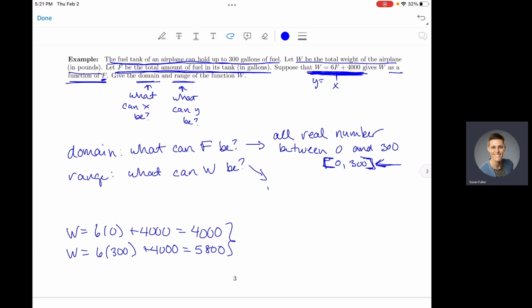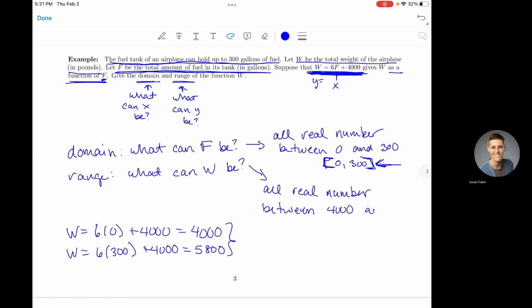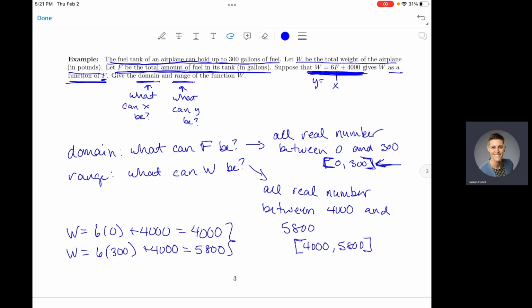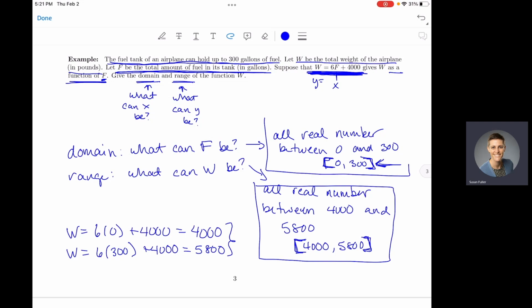So the range is going to be any real numbers between 4,000 and 5,800 pounds. We could also write that as an interval this way. This interval also means any real number between 4,000 and 5,800. So you can really write your domain and range either way here.